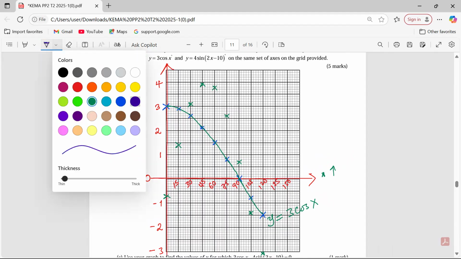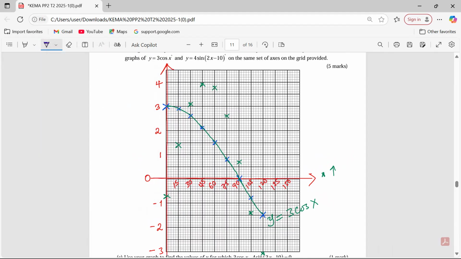So ours is now to join them smoothly in a very good order. So I'm going to turn very well. That way. Turning should be very smooth.